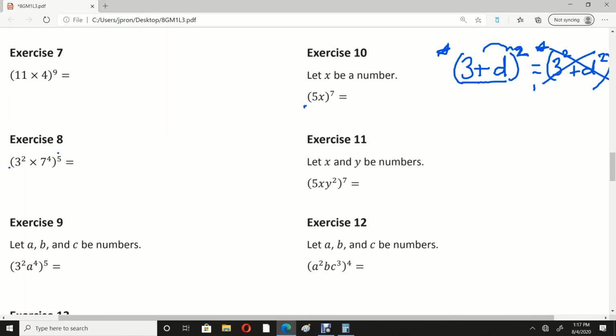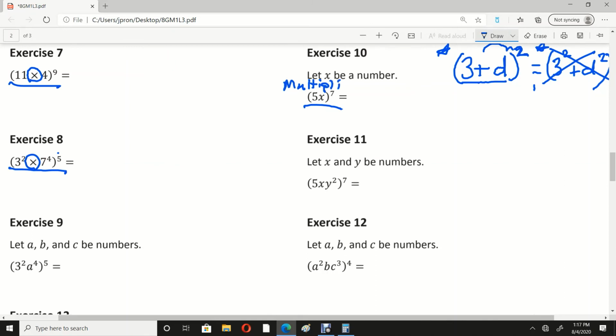So notice, with all of the exercises that we've done so far, everything happening in here was multiplication. This is all multiplication, right? So these rules do not work if you are adding terms on the inside of these parentheses.